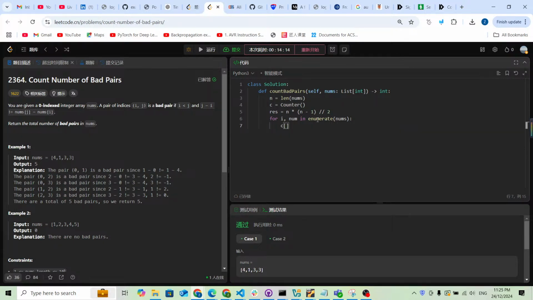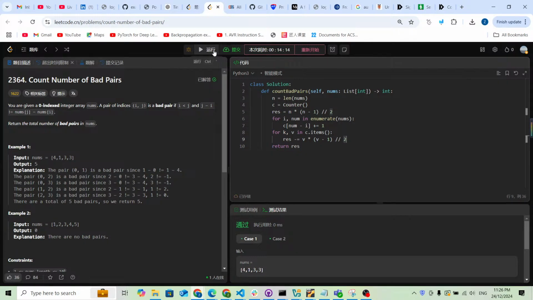As I said before, the counter key is nums[i] minus i, plus equal to 1, and we just need to track how many duplicate values there are. Now we use for k, v in c.items(), and we check the final result. The result minus equal to v times (v minus 1) divided by 2. Finally, we return the result.